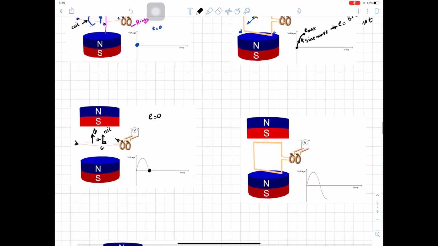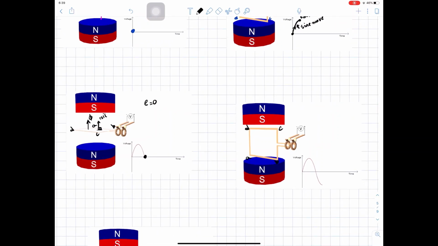And then the coil will go down. So here is A, here is B, here is C and D. In this case, the angle between the coil and the flux is 90 degrees. And if you apply the right hand rule, you can see that the voltage is negative. So the voltage here is negative E max.